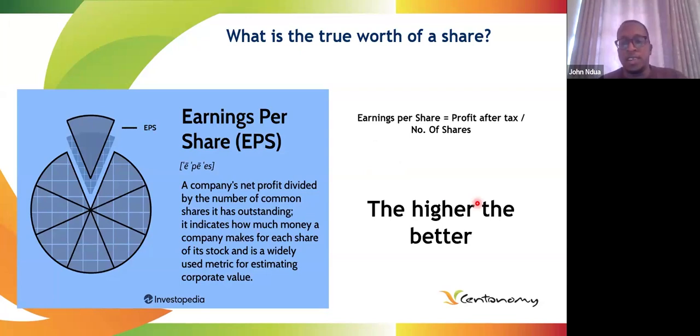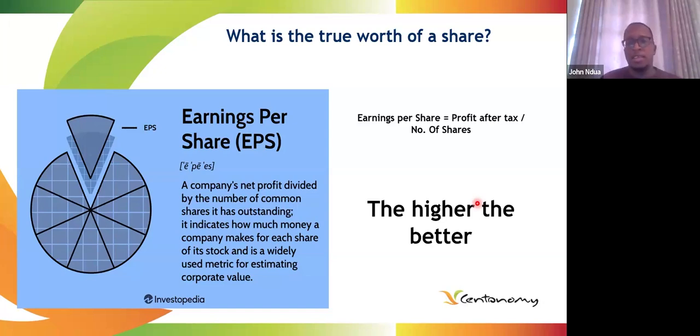So it is the profit after tax of that company in the recent financial year divided by the total number of shares. So what is earnings per share? It tells you how much profit this company generates for every single share. So a company with a higher earnings per share is more profitable, and thus better.